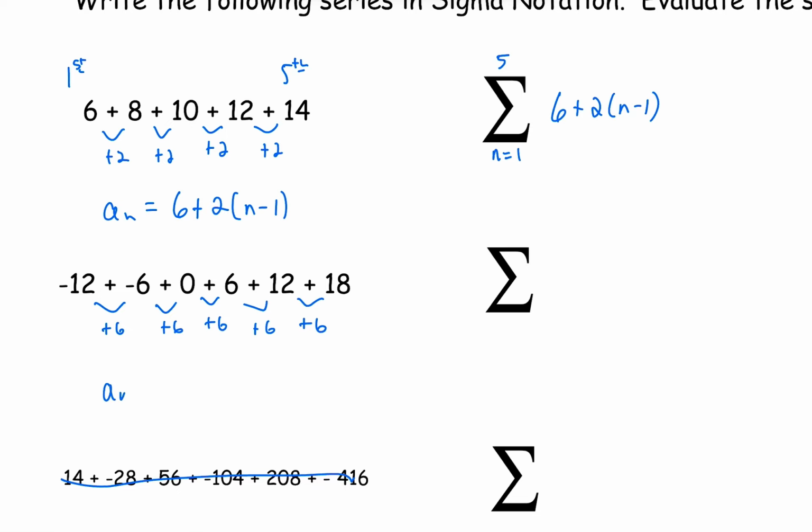You figure out your general formula, and then you throw that here, and then you put the number of terms. So it's the same thing with geometric. So this would be negative 12 plus, we're going up by 6, and minus 1. And then we're going to start at 1, and we're going to end at 6 because there are 6 terms. All right, so that's it for sigma notation.